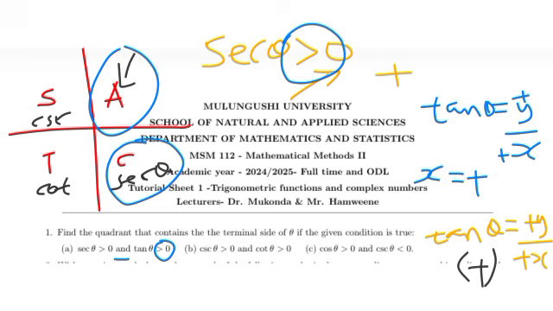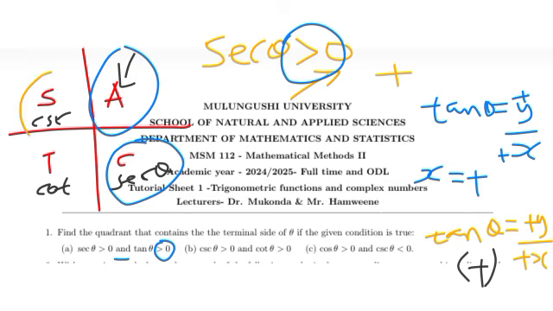So tan theta is positive and sec theta is positive. Now where are these two positive? In which quadrant are sec theta and tan theta both positive? Here we check the quadrants.